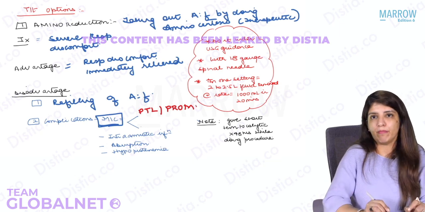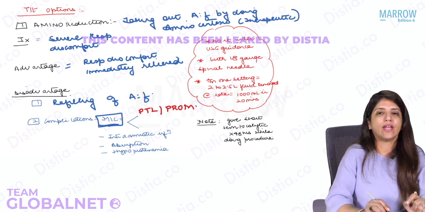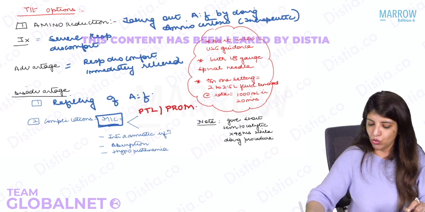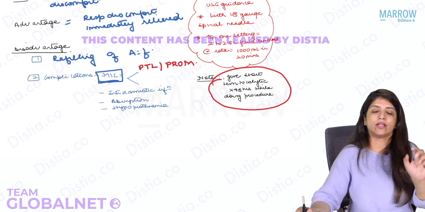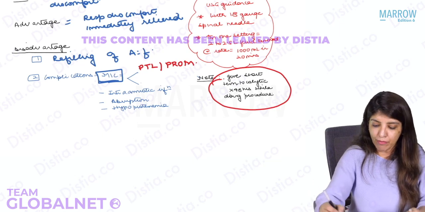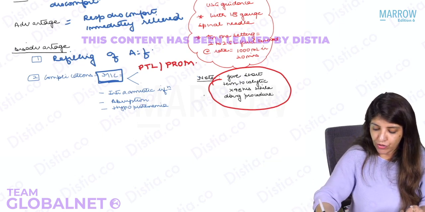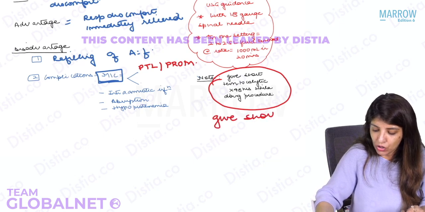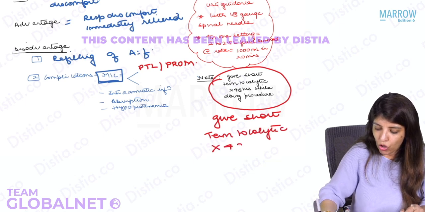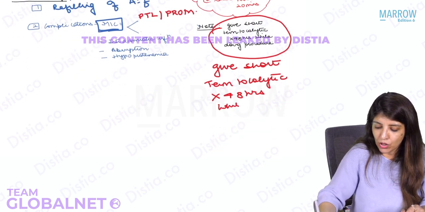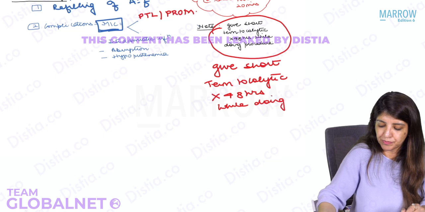That is why whenever I am doing amnioreduction, I am going to give the patient short-term tocolytics. Short-term tocolytic means for 48 hours while you are doing the procedure.